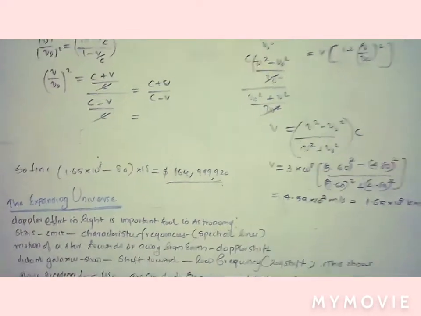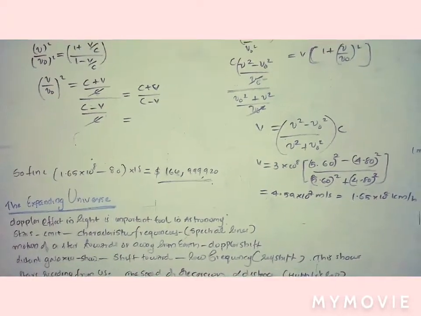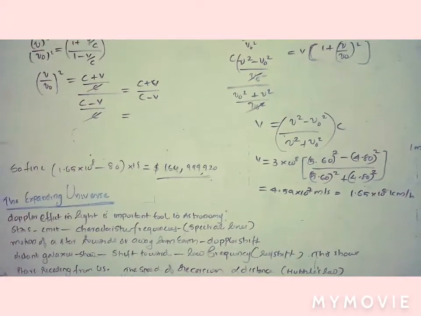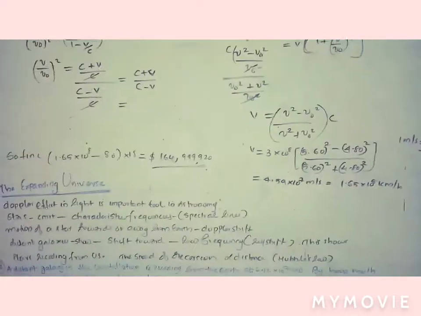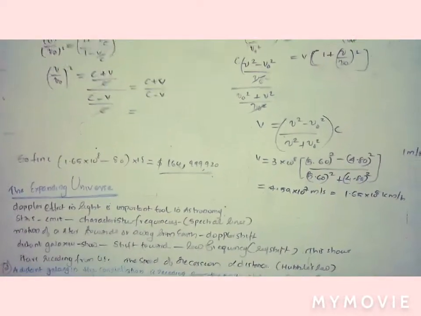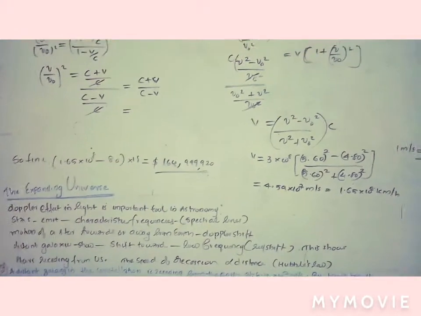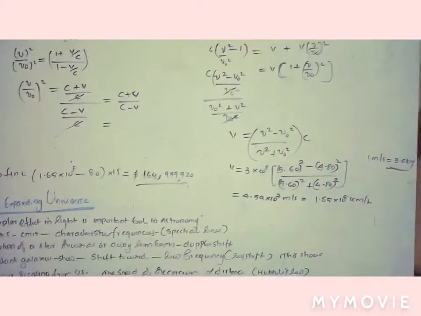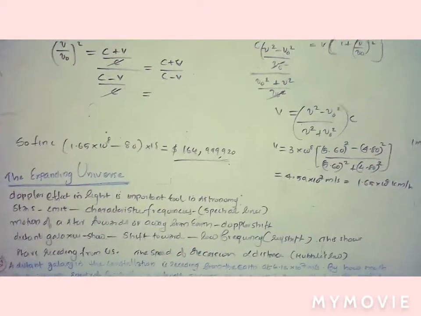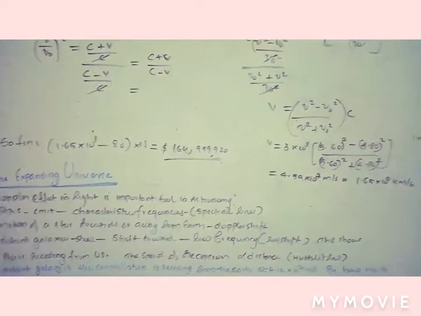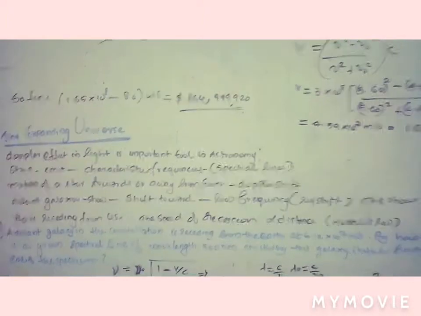Next, that is the expanding universe. You know that the Doppler effect causes an explanation for the expansion of the universe. The Doppler effect in light is an important tool in astronomy. Stars emit light, and their characteristic frequencies are called spectral lines, and the motion of stars is towards or away from the earth.